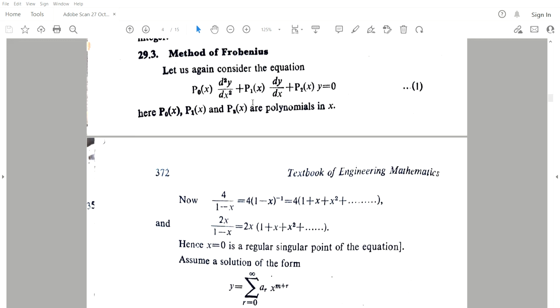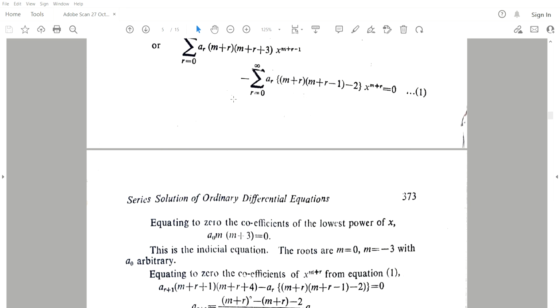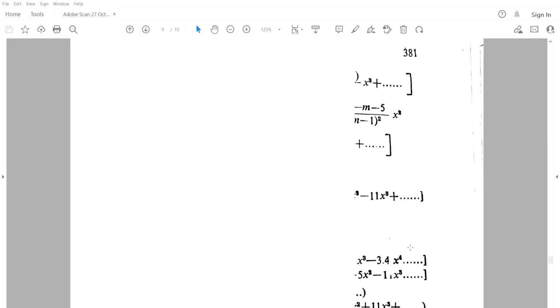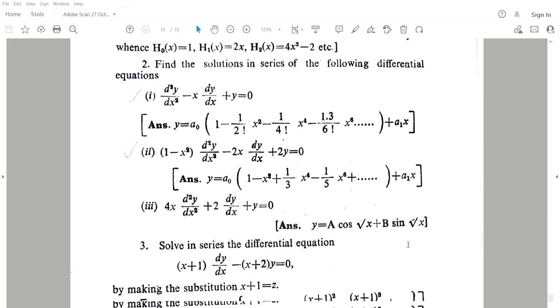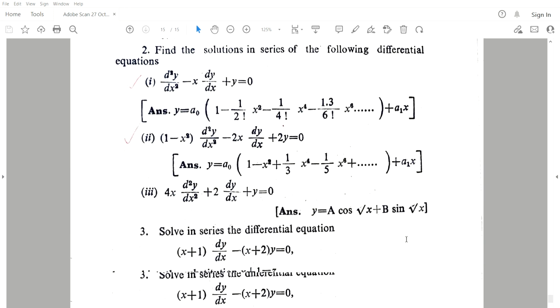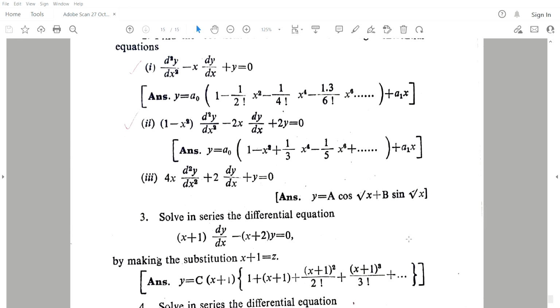Page number 389. See page number 389. Yes, here question number 2.